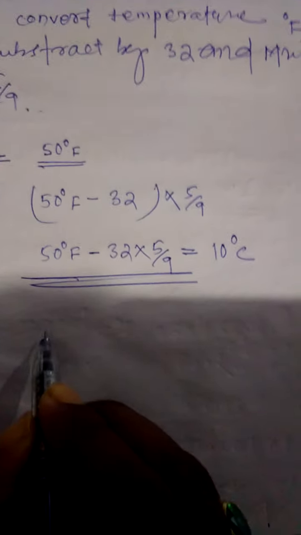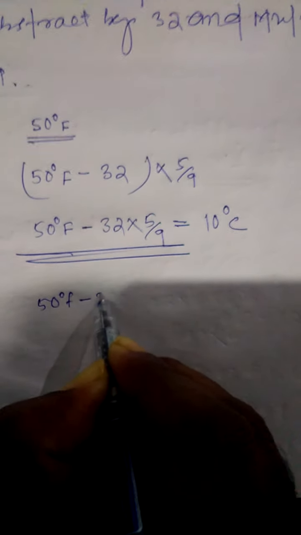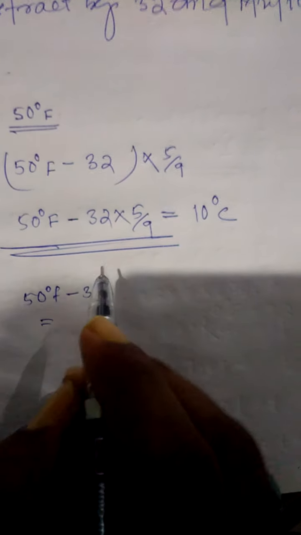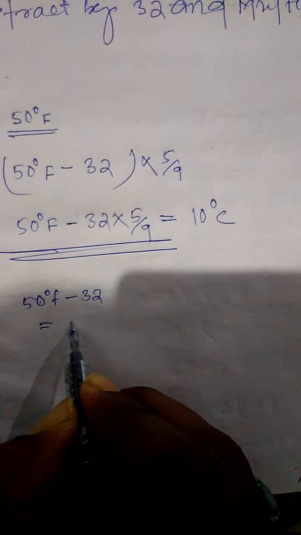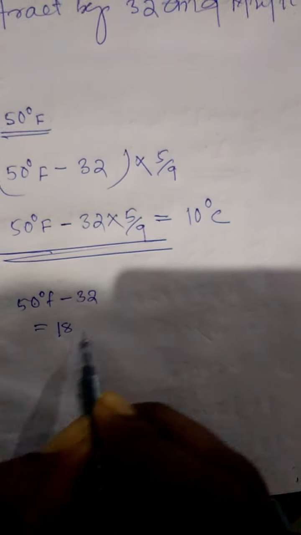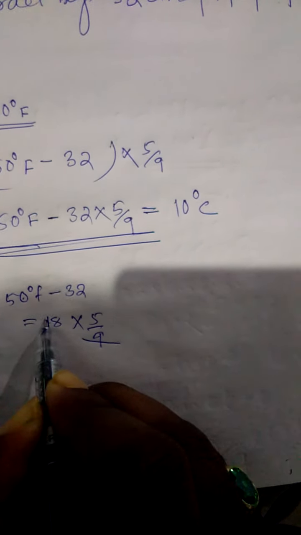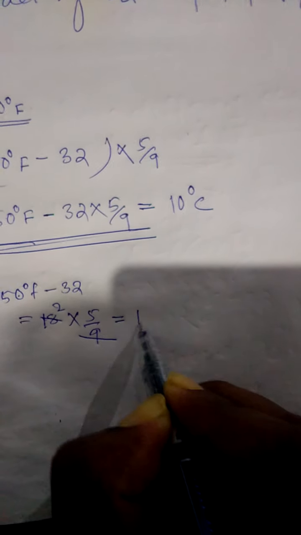You can solve here. Suppose 50 degree Fahrenheit is minus 32. Then we get 18. 18 times 5 by 9: 9 twos are 18, and 2 fives are 10.